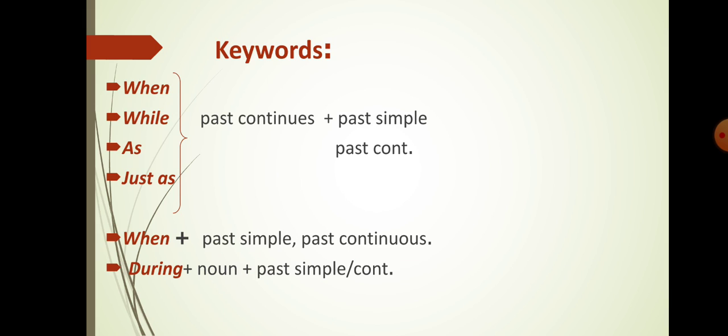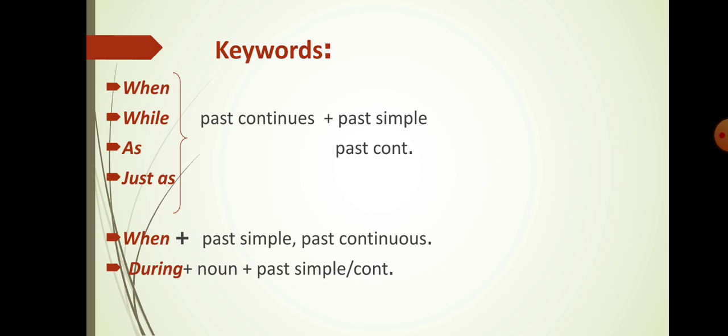But the rule is reversed with when, as we can use past simple after when, and then we use past continuous. During isn't followed by a verb, but it's followed by a noun. So during is followed by a noun, then past simple or past continuous.